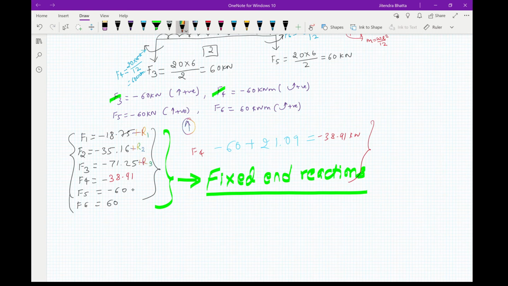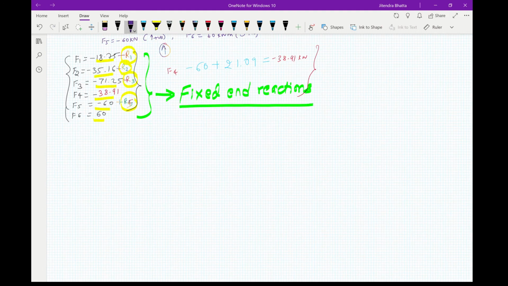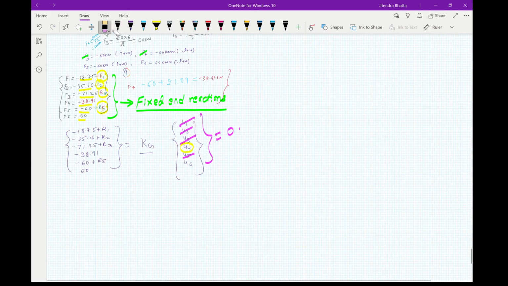For F5 we have plus R4, and for F6 we don't have any reaction force, so this one is R5. Now we have our global force vector, therefore we only have to look into degree of freedom 4 and degree of freedom 6. So this is our 4, this is our 6.